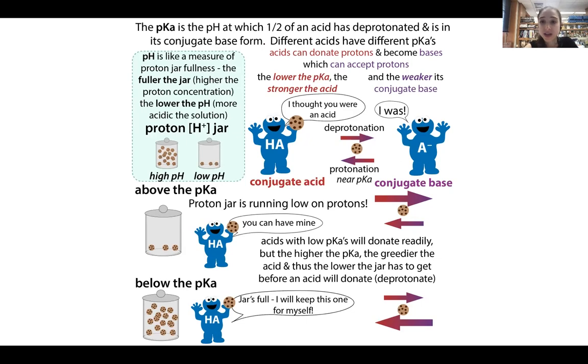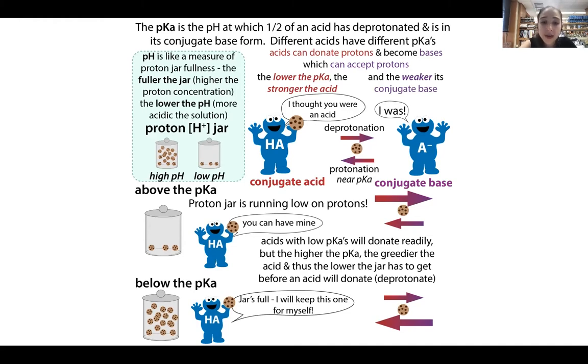You can kind of predict it, based on how stable its conjugate base would be, or how happy its conjugate base is. And by weaker conjugate base, that means it's less likely to take that proton back, right? And so if you have a stronger acid, it's usually happier in its base form, right? And so maybe it's better able to stabilize not having that proton.